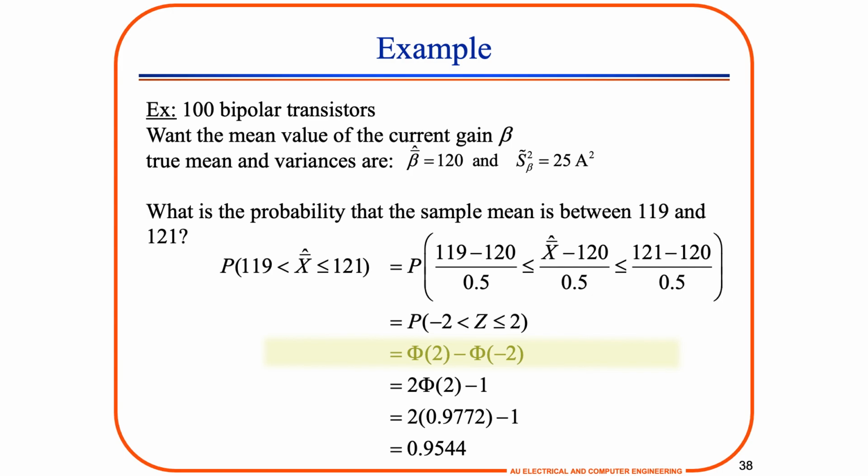Do you remember the characteristic function of a minus value is just 1 minus the characteristic function of the plus value? So you end up with 2 times the characteristic function of 2 minus 1, which is the actual probability, almost 95%, right? That's the way to do this, and this should ring bells. You've done something like this several times.